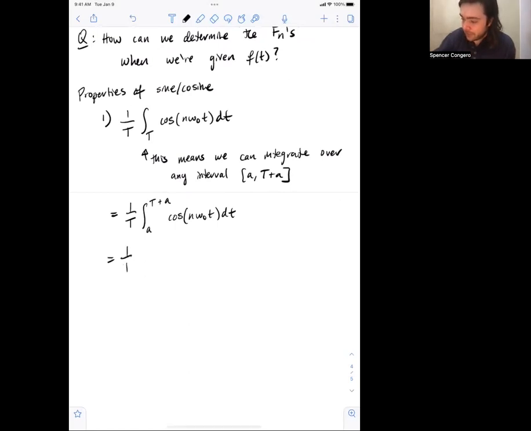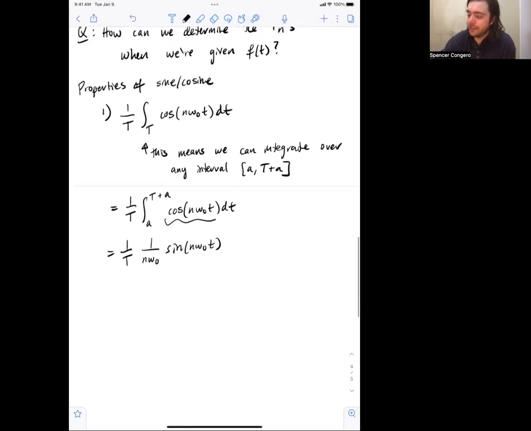What do we get? We get 1 over T, and when I integrate cosine, I just get sine, but then I have to use the chain rule, okay, and make sure that all of the constants work out. Okay, so that's the integral, because when I differentiate this, I get cosine of n omega naught t, that's good. But then by the chain rule, I'd get multiplied by n omega naught, and so I just have to cancel that.